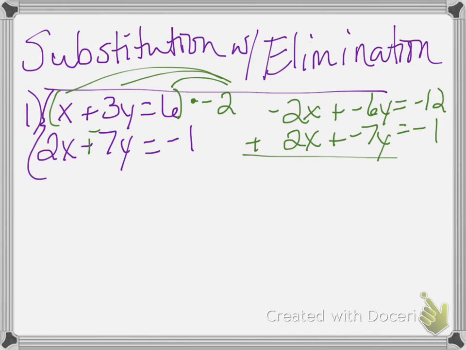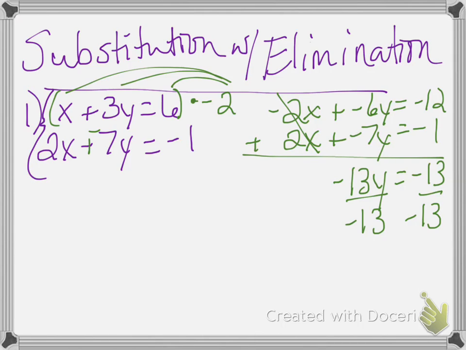So when I add, those cancel out and give me 0. These add up to give me -13y. I can divide by -13 on both sides, because I showed that step, unlike some of you. And that gives me y equals 1.